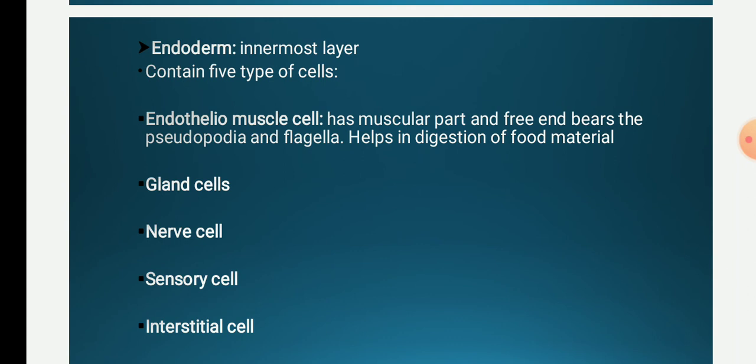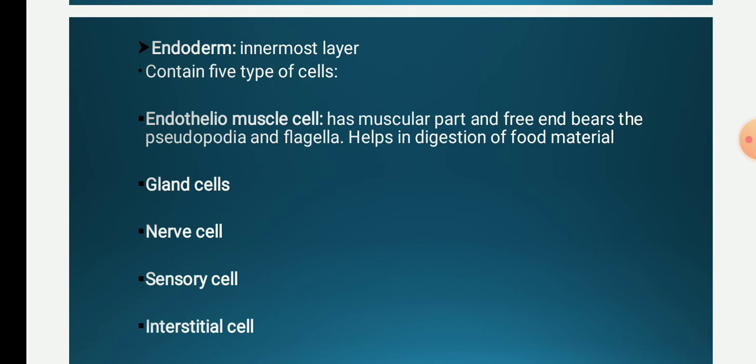Hence, these cells are also called nutritive muscle cells. So, what is the function of the endothelial cell? They help in the digestion of the food material. During nutrition we will study how the digestion takes place. So endothelial muscle cells digest the incompletely digested food material.